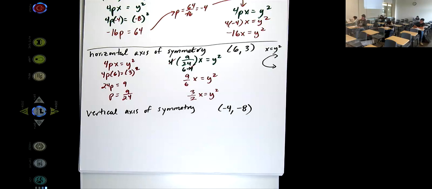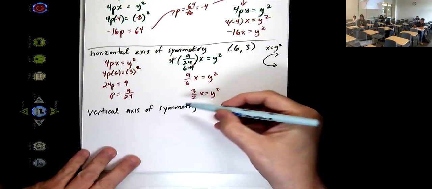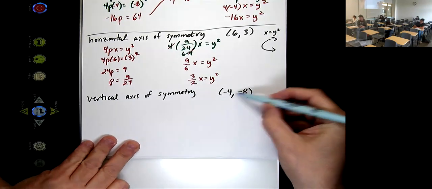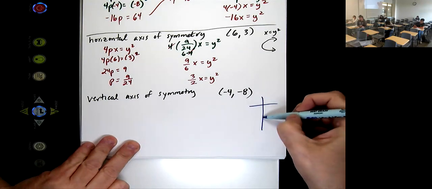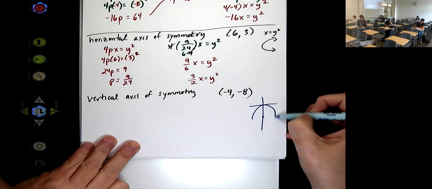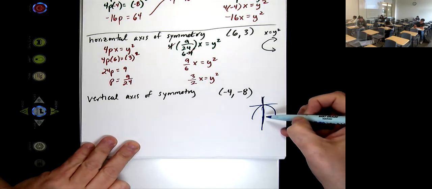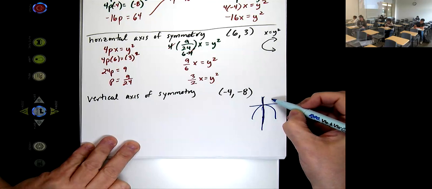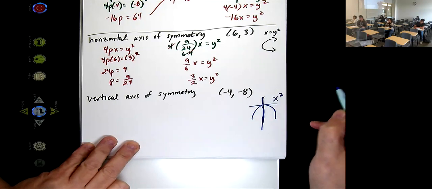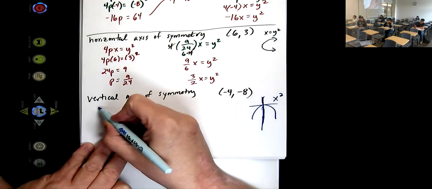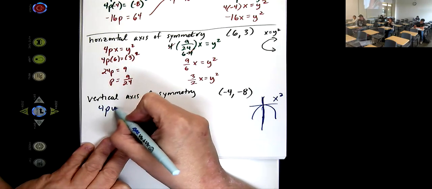If I go up and down, vertical axis, and the point is below the x-axis, tells me it's opening downward. Because I've got a vertical axis, the x is squared on that part. So I'm going to have a 4py equals x squared.